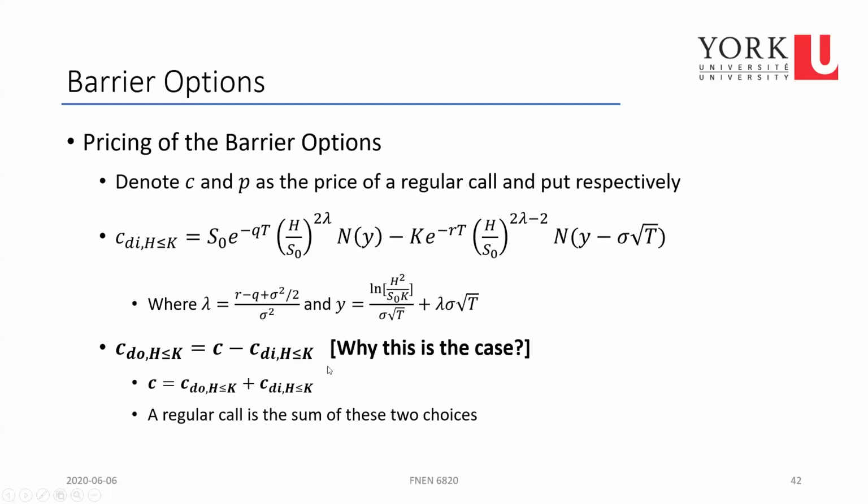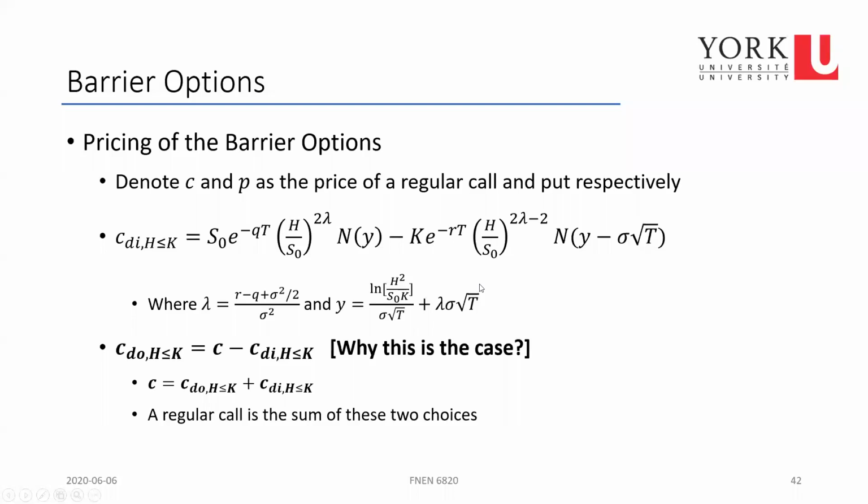Now, without going into the actual math, a down and in call barrier option, with the activation barrier less than the strike price, will take this particular form here, with the lambda as this, and the y, which is needed here, as this.